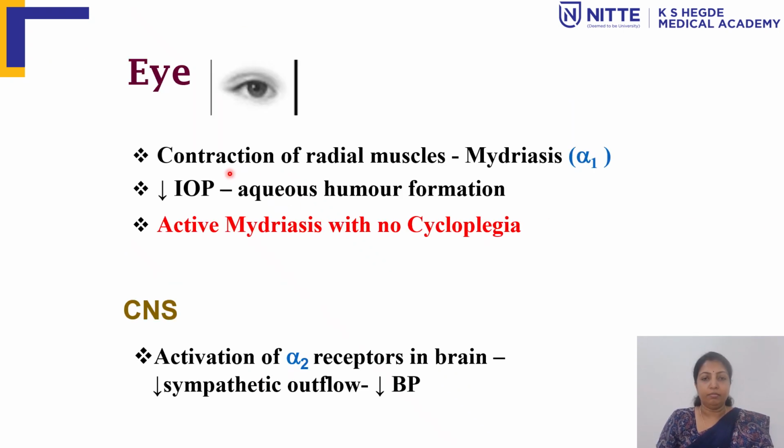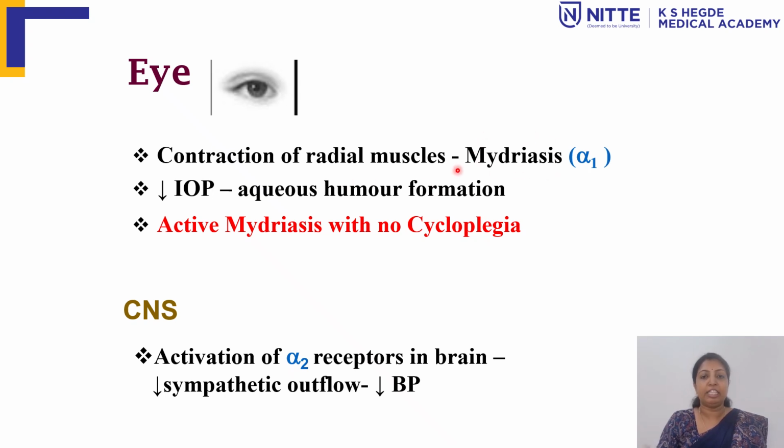On the eye, the radial muscles of the dilator pupillae have alpha receptors, mainly alpha 1. So adrenaline or sympathomimetic adrenergic drugs can act on the alpha 1 receptors on the radial muscles and produce dilation of the pupil, leading to mydriasis.